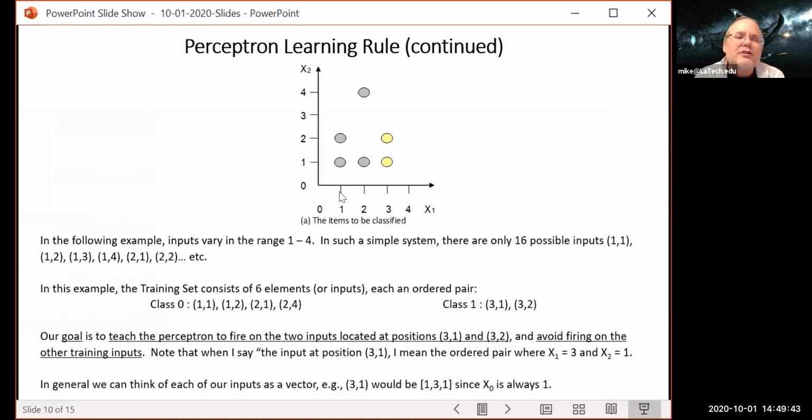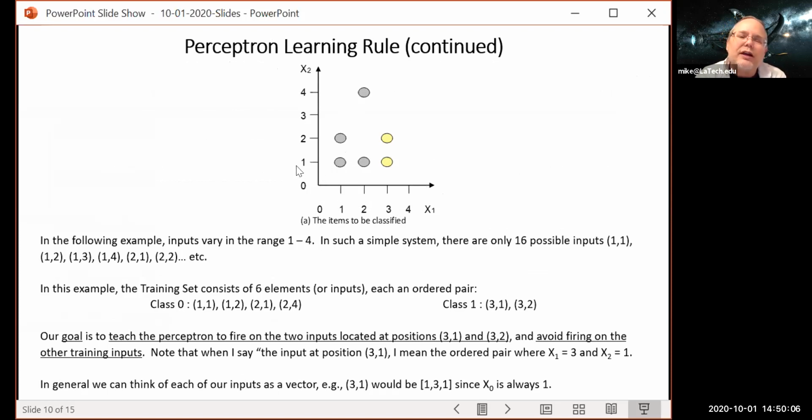So if you think about the way I have this shown, you got 1, 2, 3, 4. So essentially, if you think about the slots in this thing, you can put something at 1, 1.